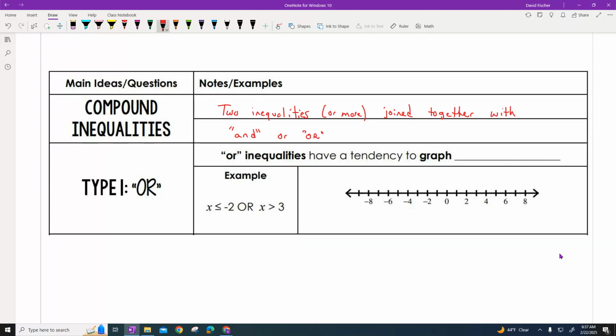Okay, so we're going to pick or first. That means in our answer we have to have the or in our question.